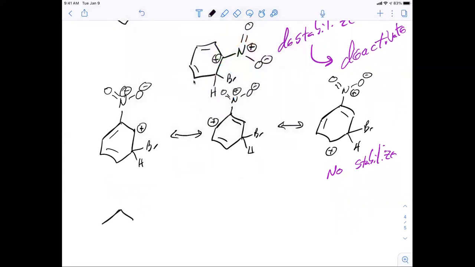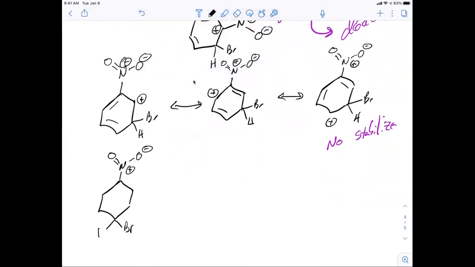But then if we look at the para, we can draw a resonance contributor where we have those two nitrogens together.